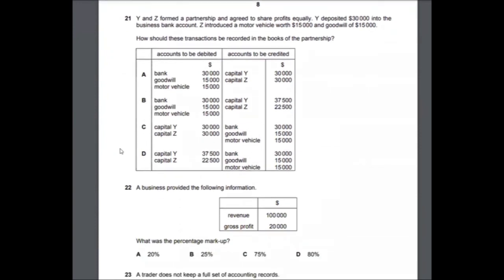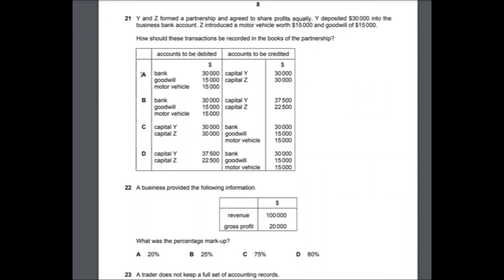Multiple choice 21, Y and Z formed a partnership, had agreed to share profits equally. Y deposited $30,000 into business bank account. Z introduced a motor vehicle worth $15,000 and goodwill of $15,000. So all of these are assets to partnership. So $30,000 debit, $15,000 debit, $15,000 debit, right?